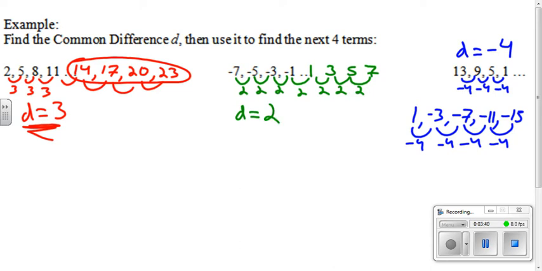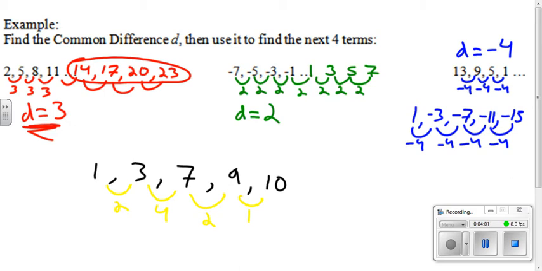So if we were given a sequence such as 1, 3, 7, 9, 10, and we were asked, is this an arithmetic sequence? Well, right here we'd have 2. Here all of a sudden we have 4. Here we have 2 again. Here we have 1.